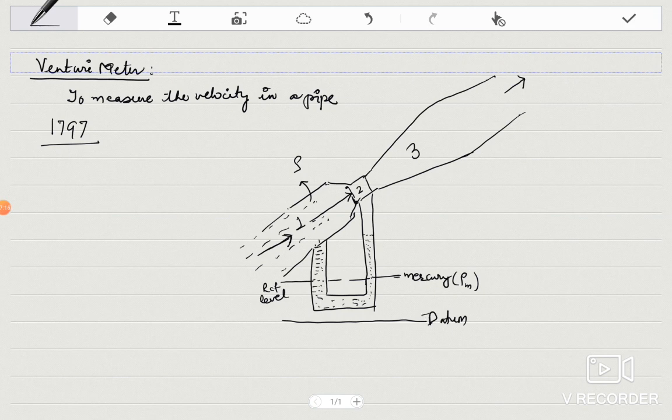Up to this reference level, I suppose that from the datum this height be h0, similarly this is h0, and let it be delta h, which you can see is the difference between these two levels. This is delta h, and again this is having the same fluid which was in the pipe.